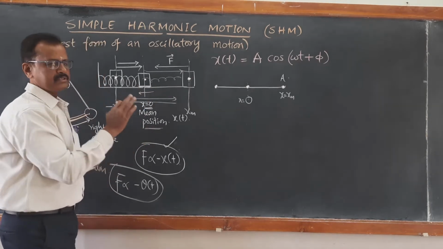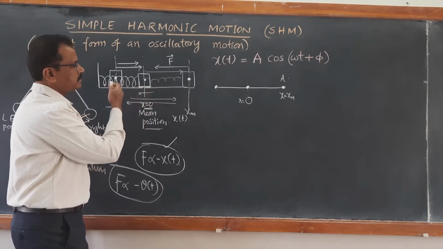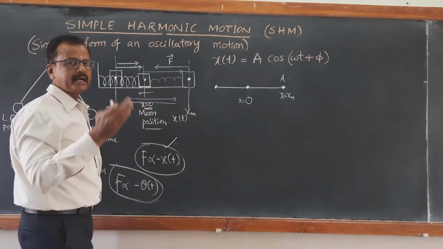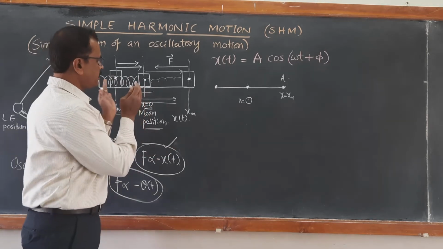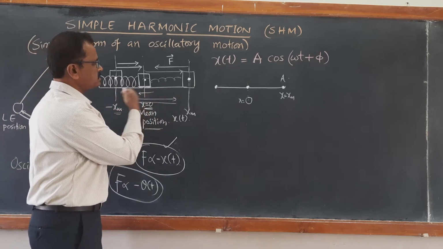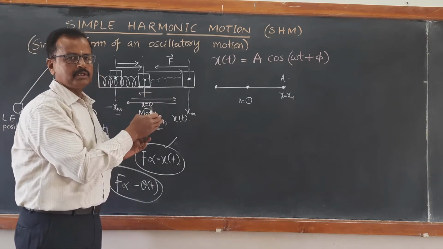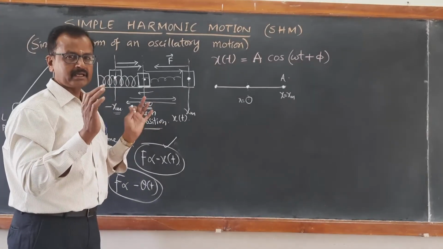The dissipative forces such as friction and air resistance are neglected and we assume that the oscillations continue. In practice, what happens? Because of the friction and air resistance, which are always dissipative, the oscillations tend to reduce and finally the block comes to rest. So that is what practically happens.